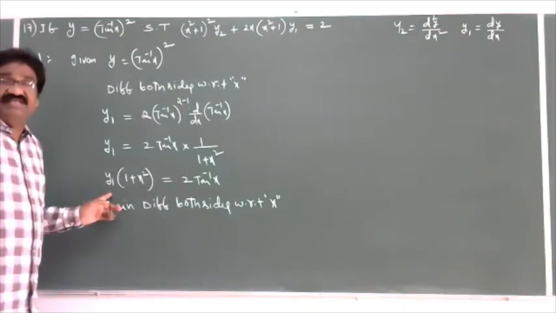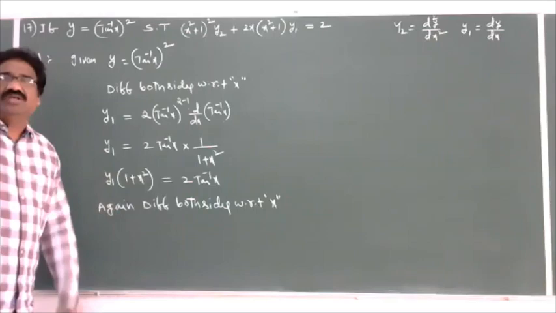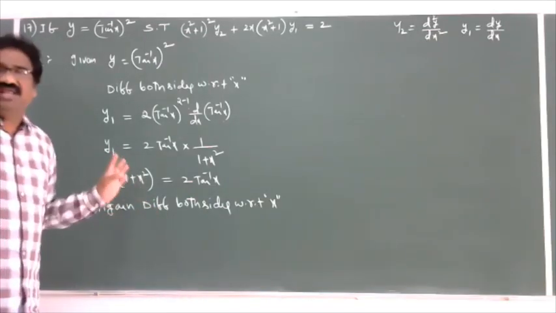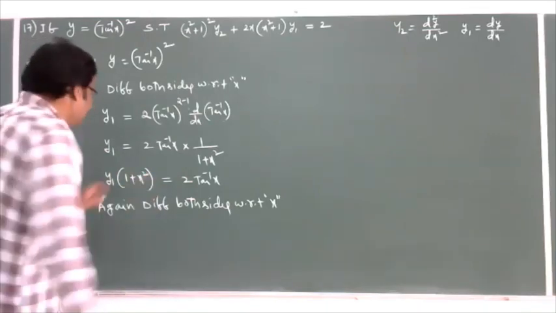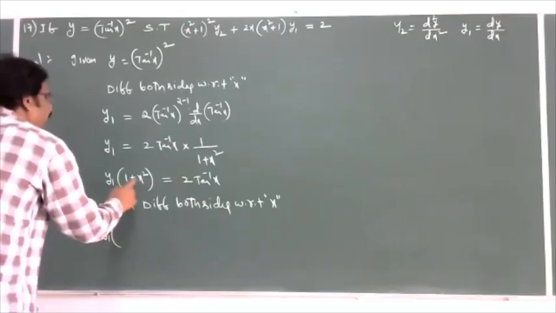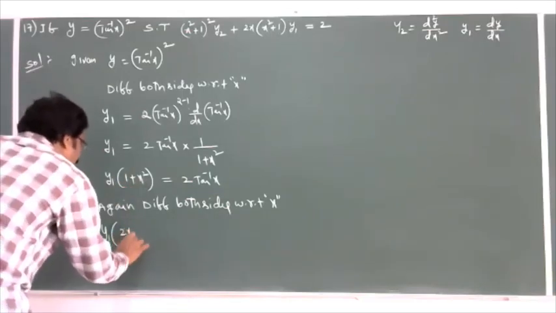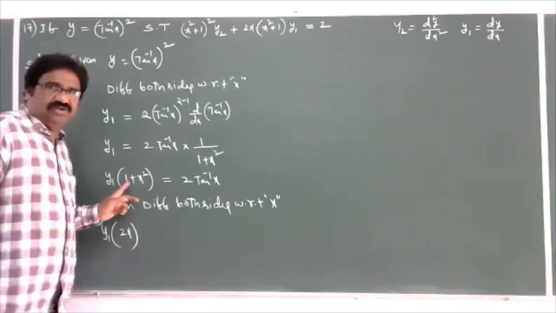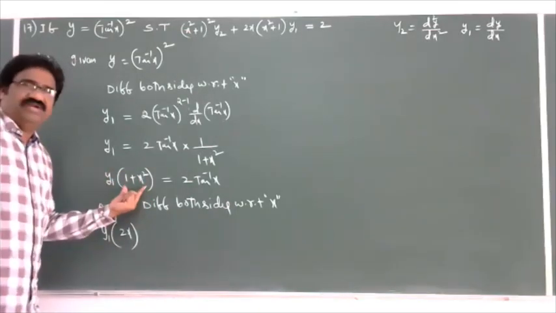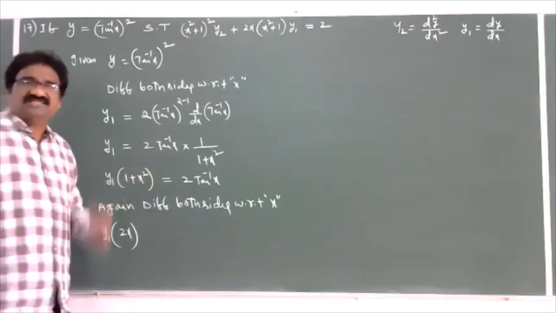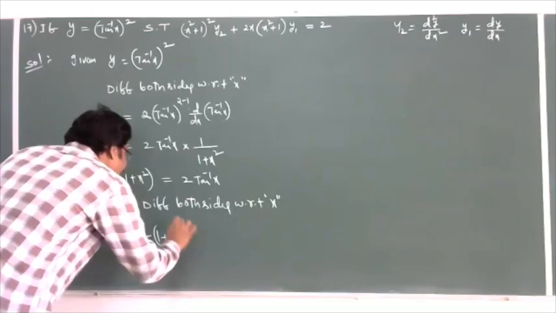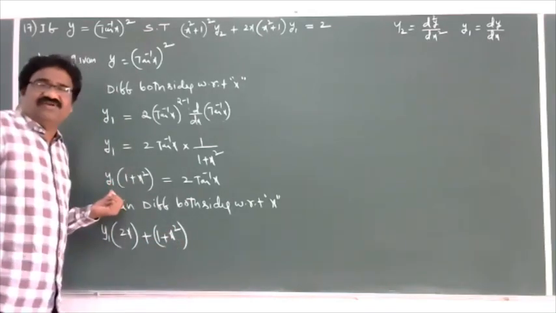Here y1 is dy by dx, one function. 1 plus x square is the other function. Here using the product rule, on the LHS you can use the product rule. That is the first function y1 into derivative of 1 plus x square, 2x. One derivative 0, plus x square derivative 2x. First function into derivative of second function plus second function, that is 1 plus x square, into derivative of first function.